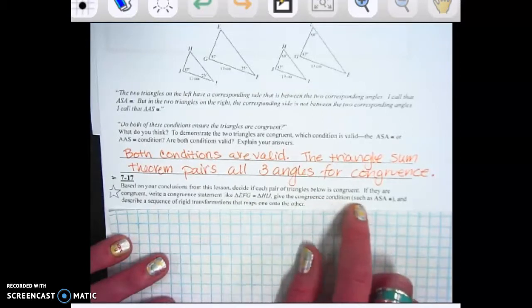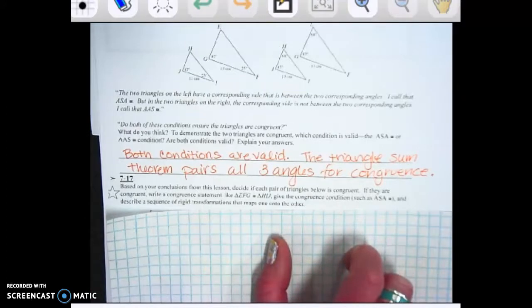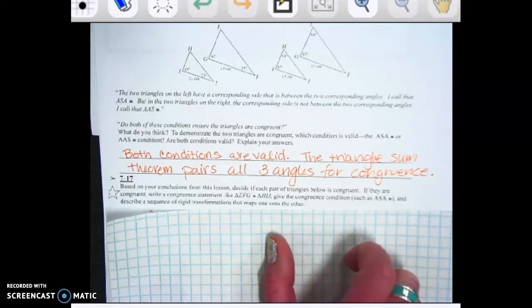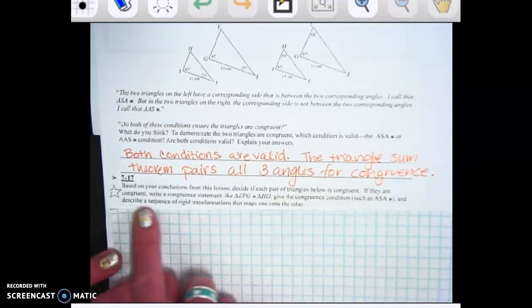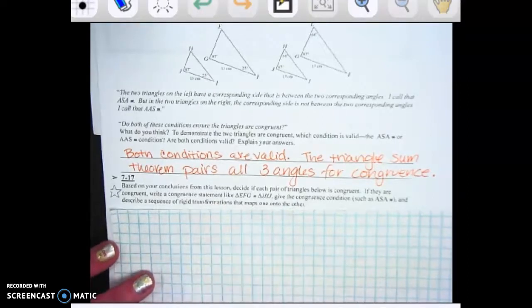Give the congruence conditions such as angle side angle, and we only know two at this point. We know angle side angle, and we know angle side. Those two we know work. There are a total of 5 that are going to work, but we only know 2 right now. We're going to learn some more. And describe a sequence of rigid transformations that map one onto another.